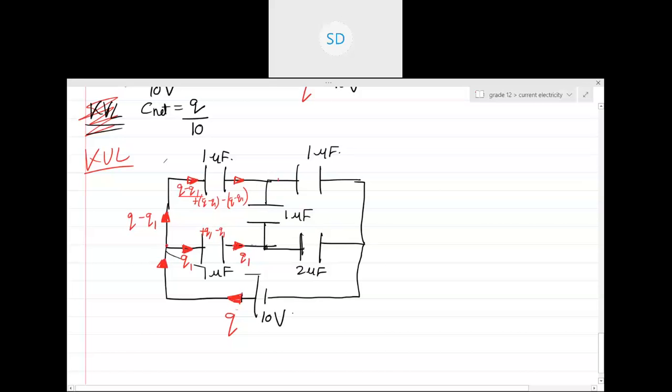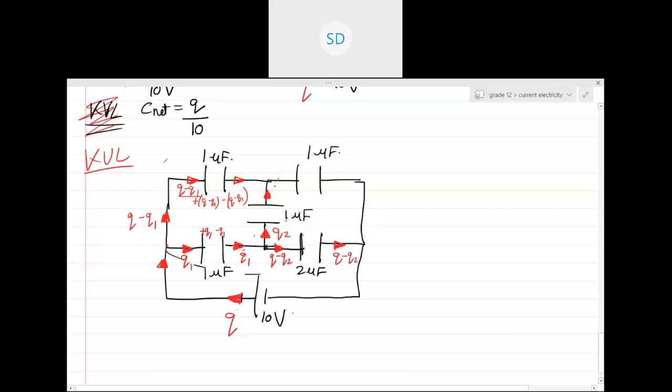Now what will happen? This Q1 when it reaches over here will divide, right? Let's see, branch. Here it goes Q2, and here it will be Q1 minus Q2. So this Q1 minus Q2 will come over here, and this Q2 will pass through this 1 microfarad.